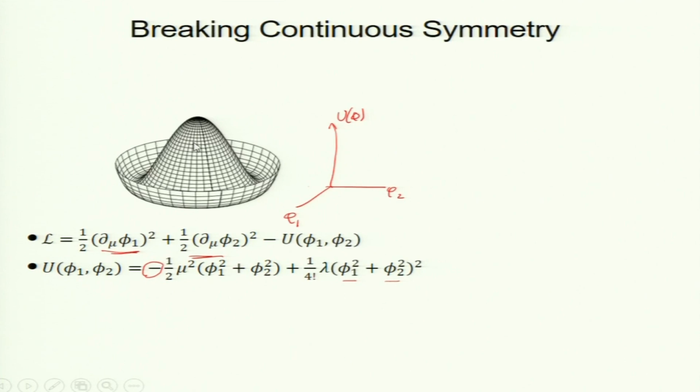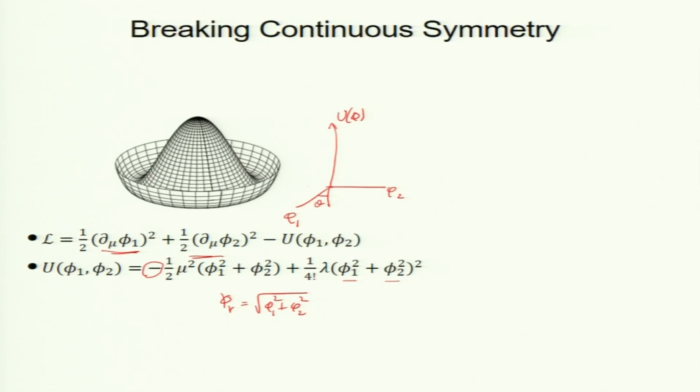So, how do I get the solution? By the way, this system is better described using phi r, which is the square root of phi 1 squared plus phi 2 squared. This is azimuthal symmetry, you know. So, this angle, well I should call it theta, not phi.